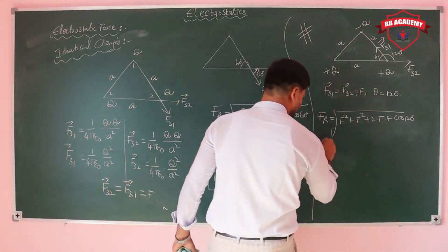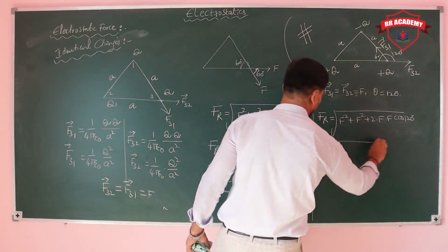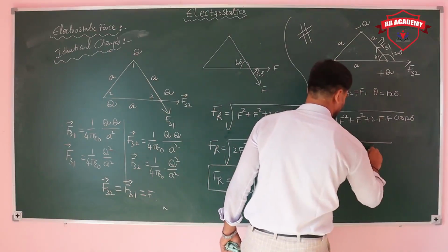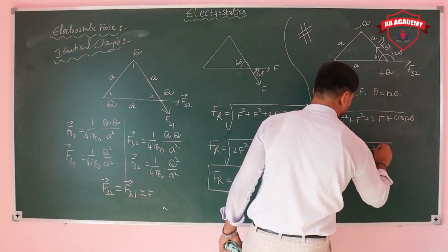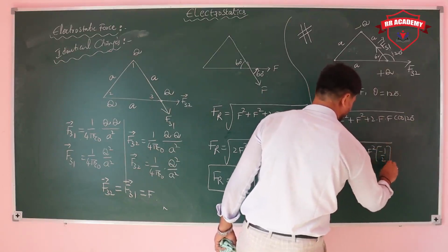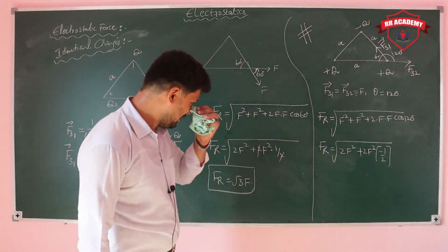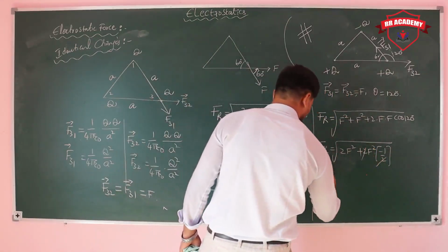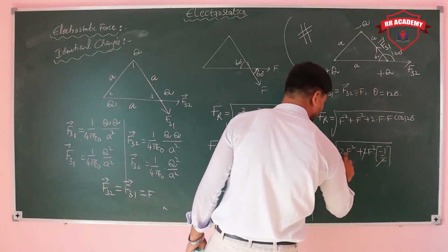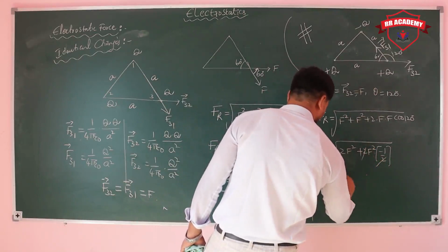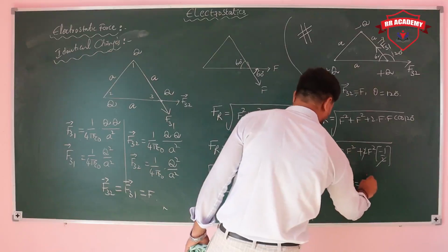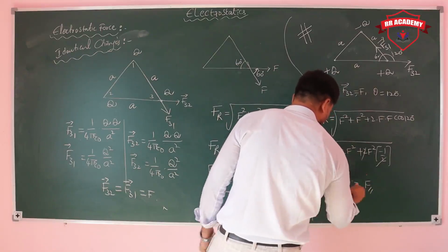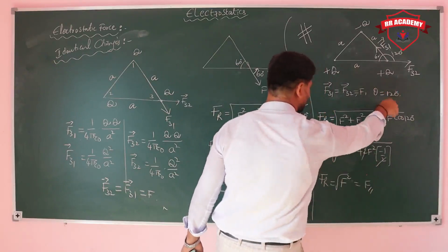Then the resultant force: this is 2F square, and cos 120 is minus 1 by 2. So the 2 gets cancelled, and you get the resultant force as under root 2F square minus F square, nothing but root F square. The value is F.